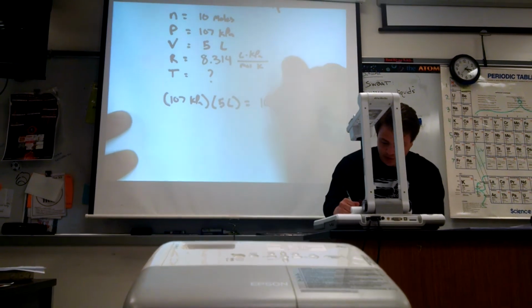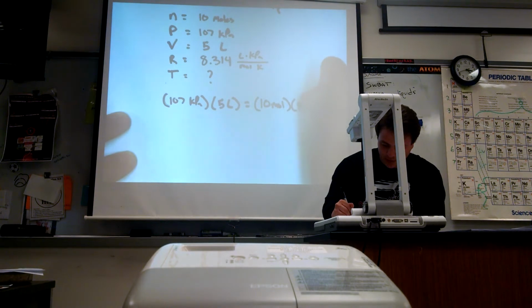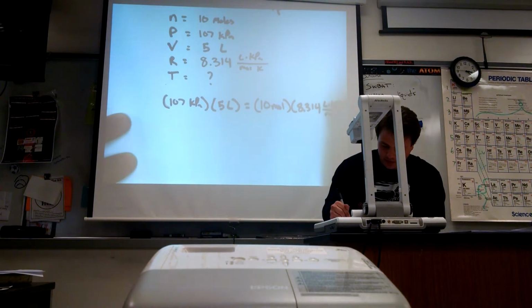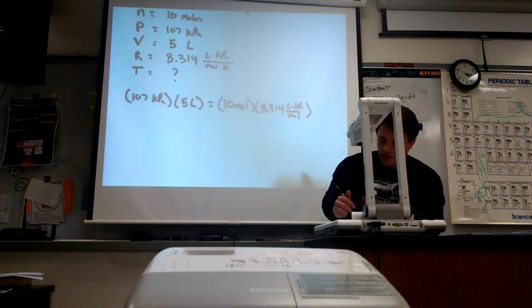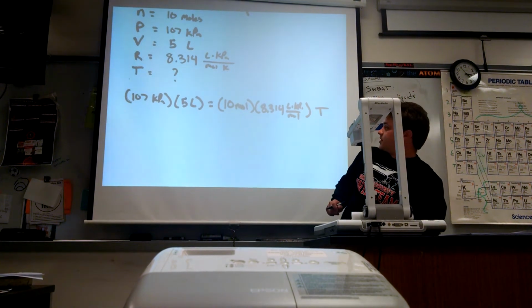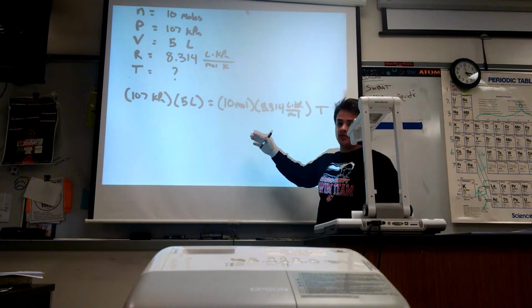So P and V, 107 kPa, times V, 5 liters, is equal to N, R, and T. So 10 moles for N. We said R is 8.314 liters, kPa, moles, Kelvin. And finally, temperature. All we've got to do is get temperature by itself. If we're multiplying, the opposite of multiplying is dividing.